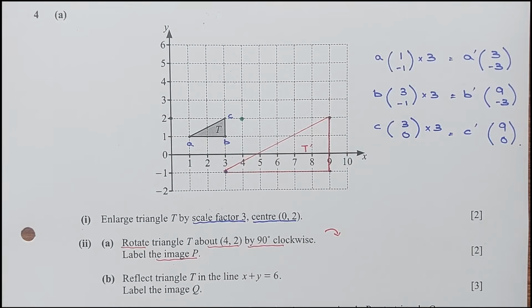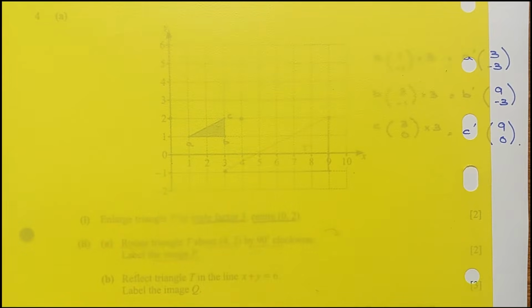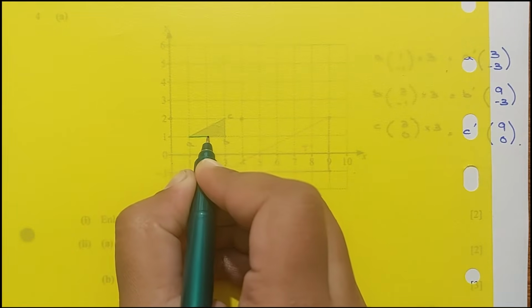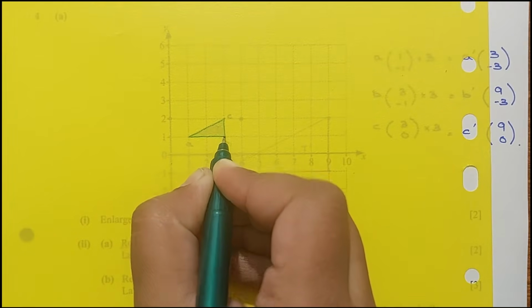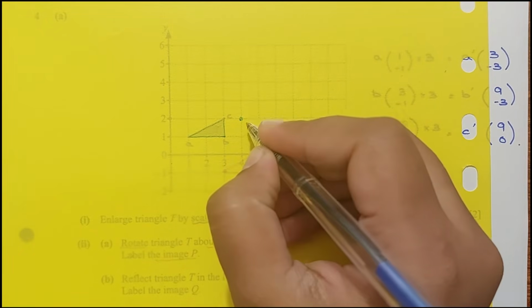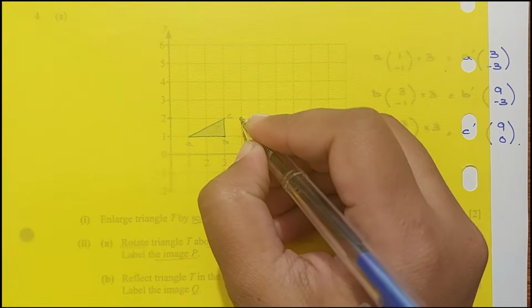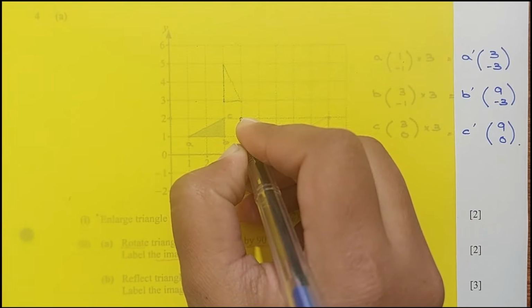Okay, so for this question, let me use the tracing paper. So let me trace the triangle T over here. And this is the center of rotation, right? So put the pointer on the center and rotate it 90 degrees clockwise. Okay, this is 90 degrees clockwise.